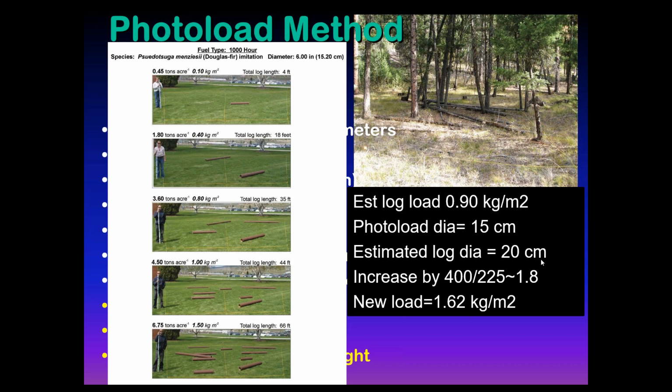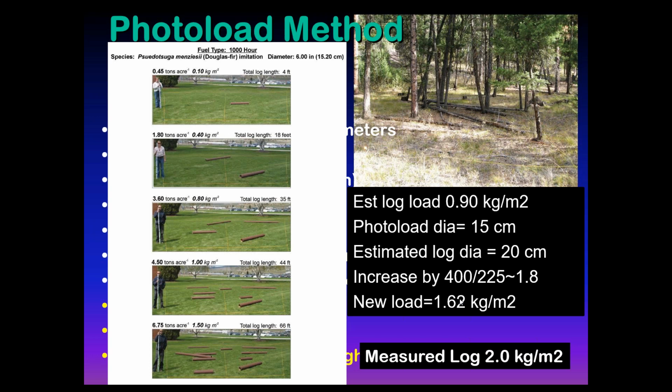Remember, loading is dependent on volume, and volume is calculated by the square of the diameter. So we must adjust by the square of the diameter. So we square 20, it's 400. Square 15 is 225. We get a ratio that's 1.8. And we multiply 1.8 times 0.9 to get a new estimate, which is 1.62.